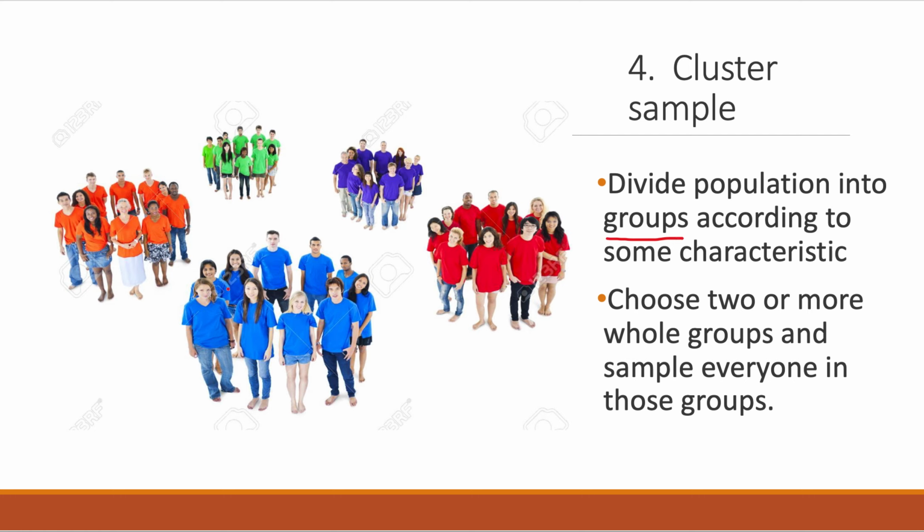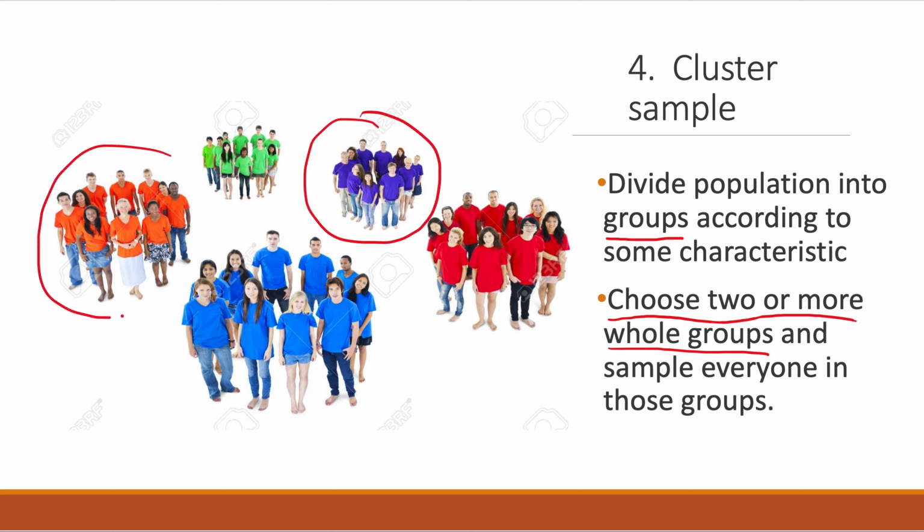And then we're going to choose 2 or more whole groups. I've seen it where you just choose 1 group, but usually it's 2 or more. And you're going to survey everyone in those groups. So I might take everybody in the purple group and everybody in the orange group, and those people will be a part of my sample.